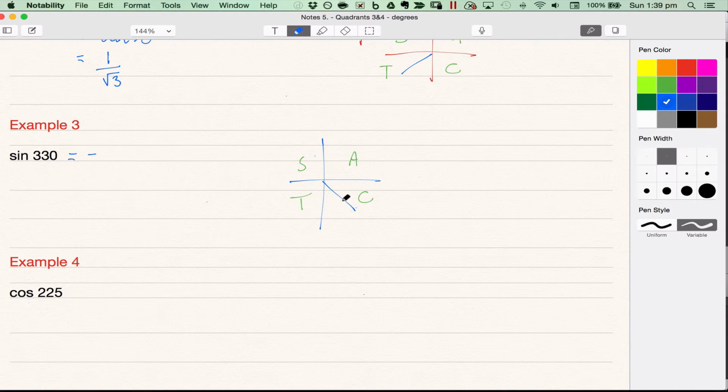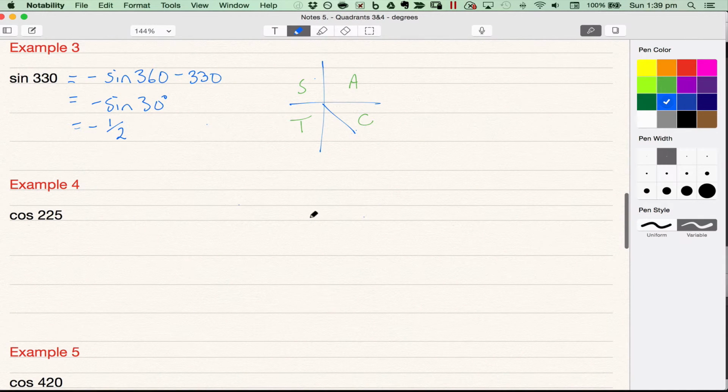And because it's in quadrant 4, we can do 360 take away this angle, 330, which equals negative sine of 30 degrees. Use your tables, look up sine of 30 and you'll end up with negative 1/2.